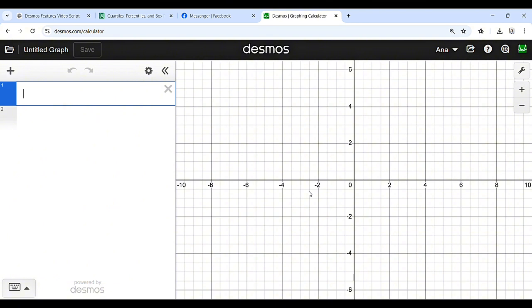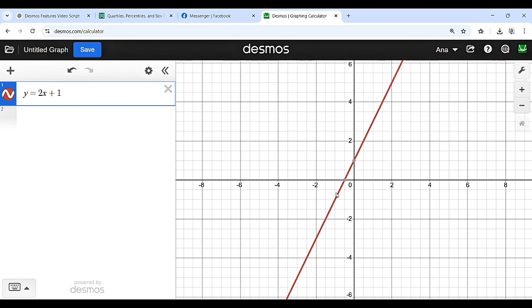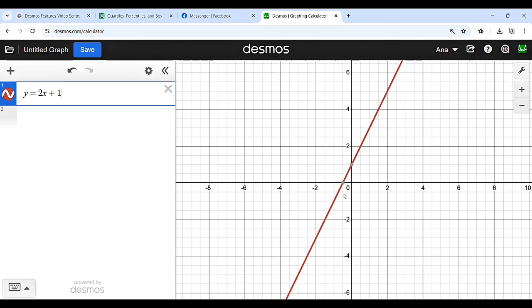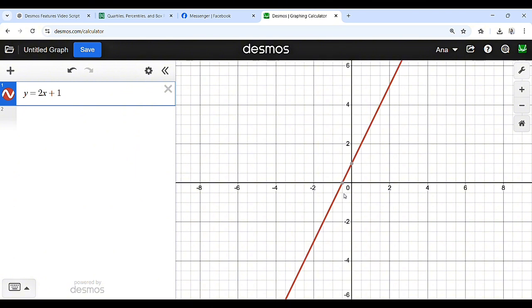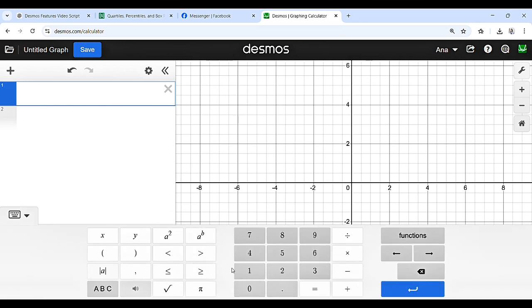For the graphing calculator, this is where Desmos truly shines. For example, we want to graph y is equal to 2x plus 1, and we can see here the graph. Another example, if you want to know the graph of x squared, Desmos here also has the keyboard.